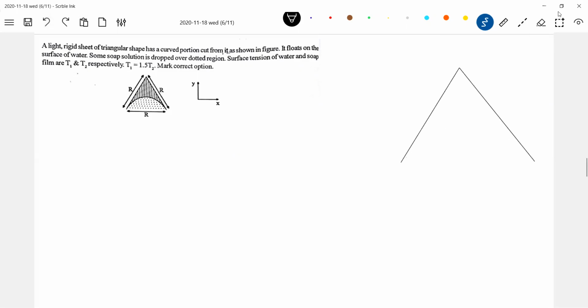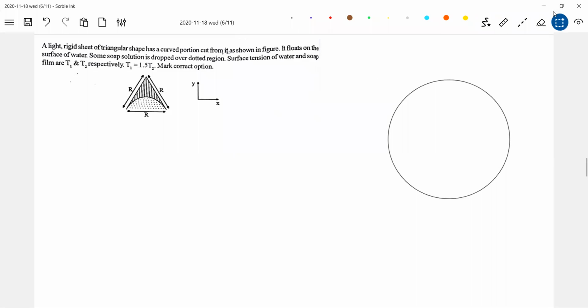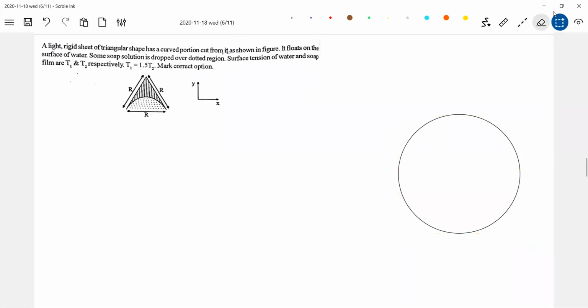I think semicircle is needed. I'll adjust the diagram. Give me some time. Not semicircle.